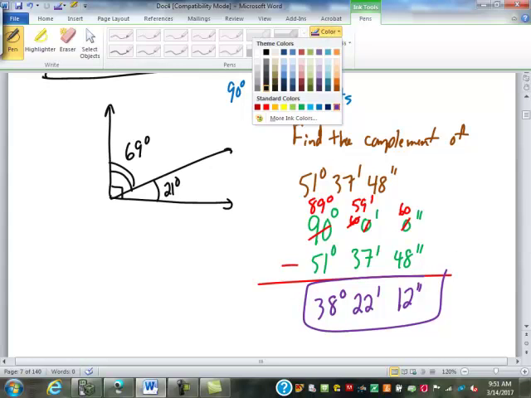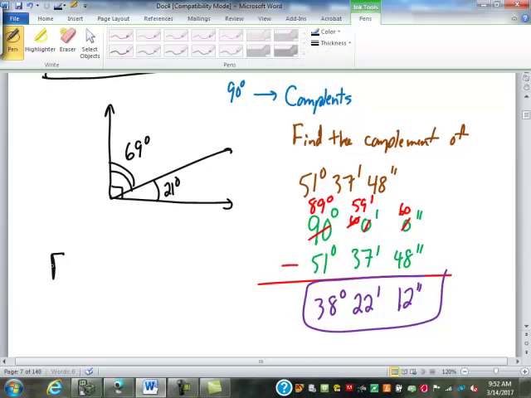So in your notes, I want you to find the complement of 17 degrees, 51 minutes, 12 seconds.